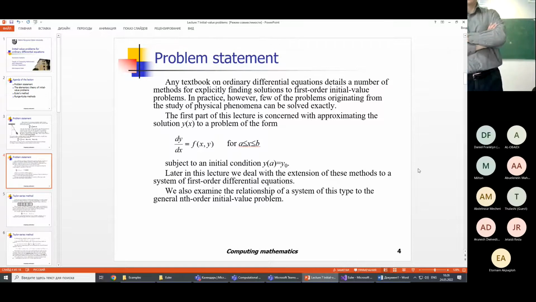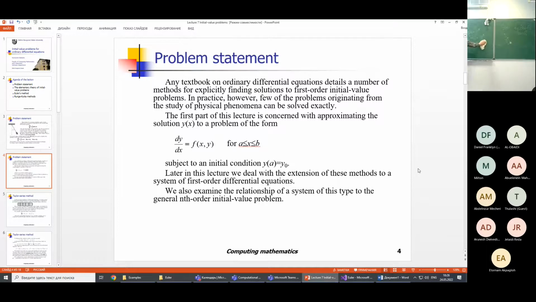x is a variable that changes between a and b, where a and b are some given numbers, the lower bound and upper bound. And we know the initial condition, y of a equals y0.